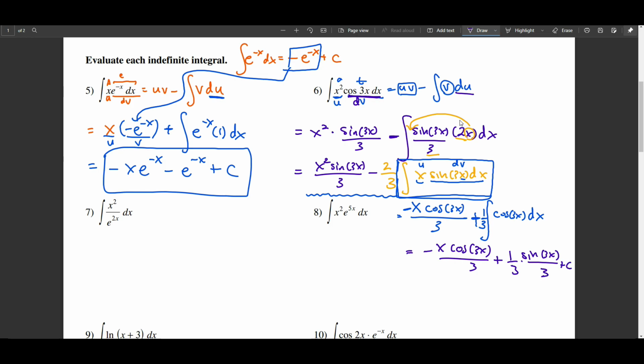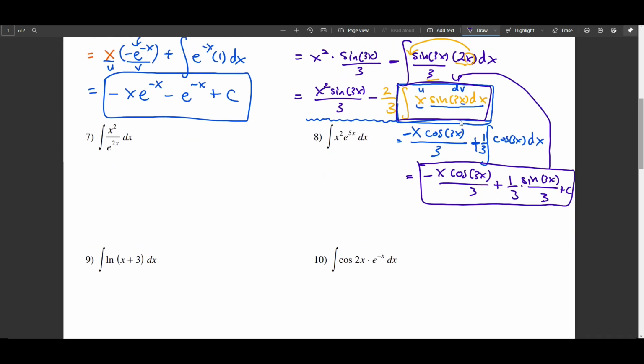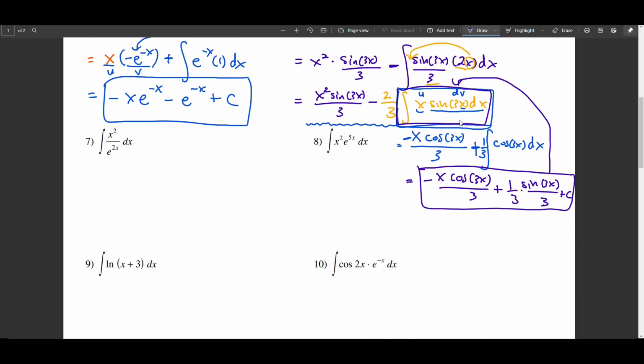Okay. So the problem is all of this here, it's not the answer. This is just this blue boxed part. Okay. So if we put all that together, let's ignore this question here. I'm just going to rewrite this here. X squared sine 3x all over 3 minus 2/3.